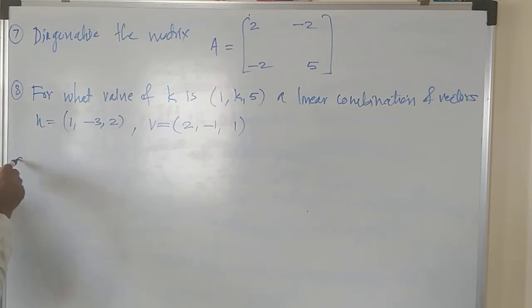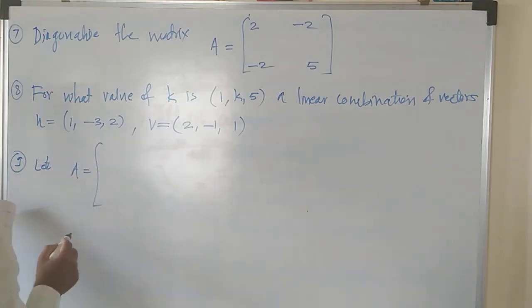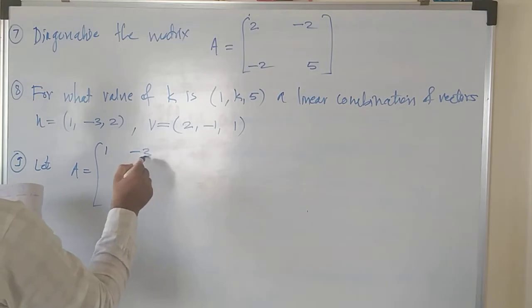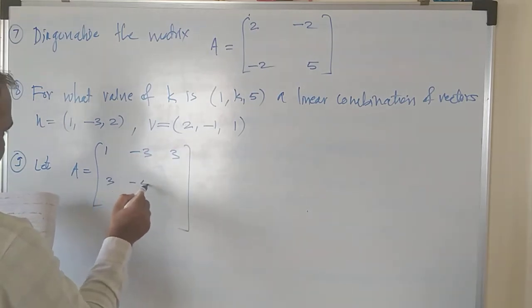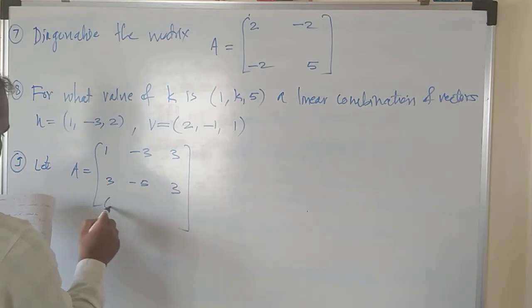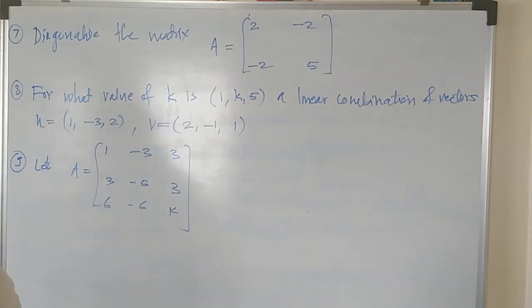Next is 9. If A is the matrix given to you, 1 minus 3 3, 3 minus 5 3, 6 minus 6 and 4. I think this matrix is repeated but the problem is not repeated.